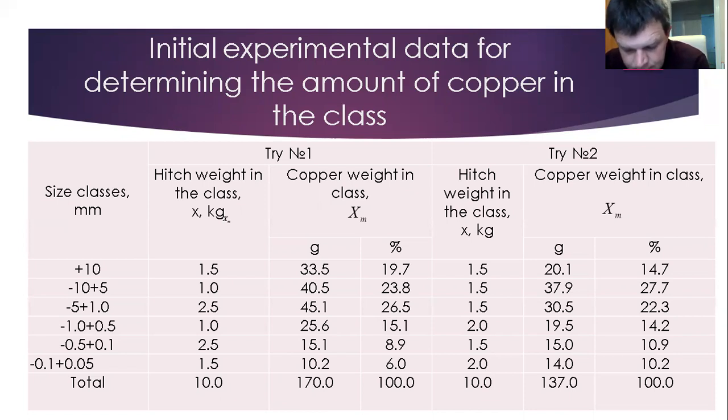The initial experimental data for determining these patterns are given in this table. For such studies, first of all, the assumption about the subordination of the yield of the rock by class to the normal distribution law is checked.